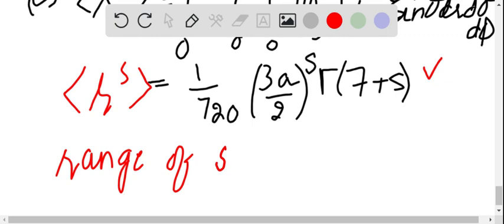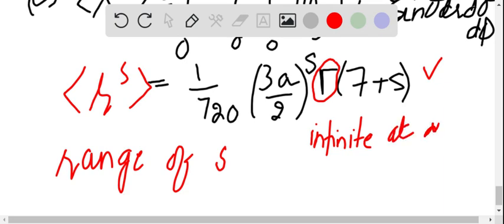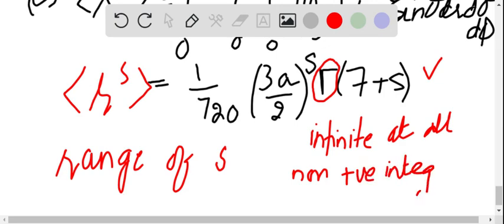Now as you can see, this gamma function is infinite at all non-positive integral arguments, right?